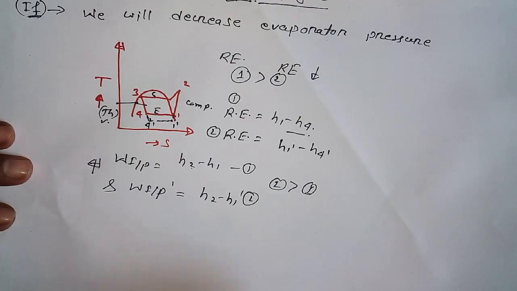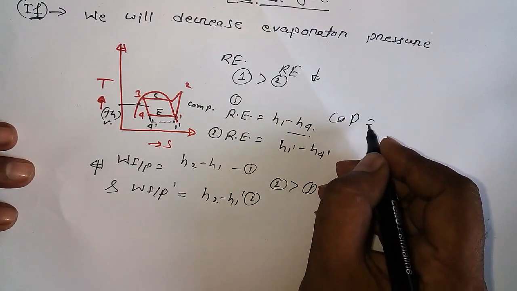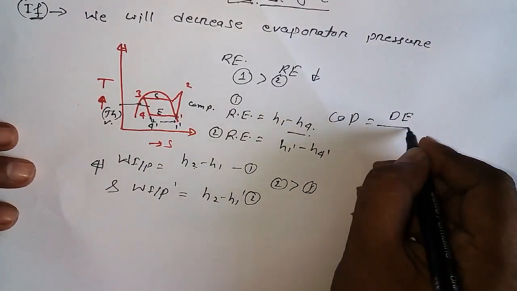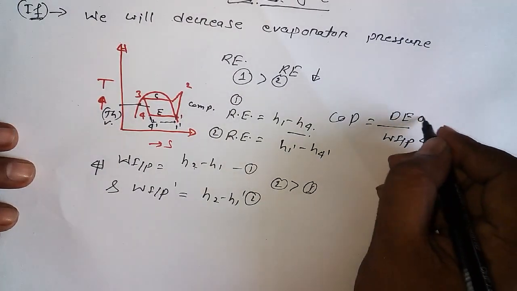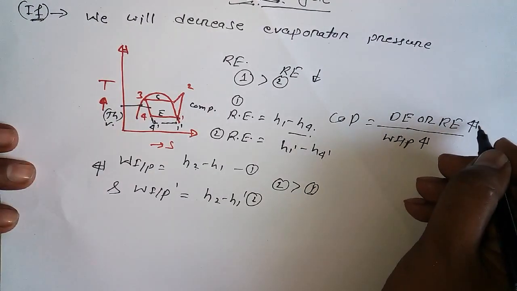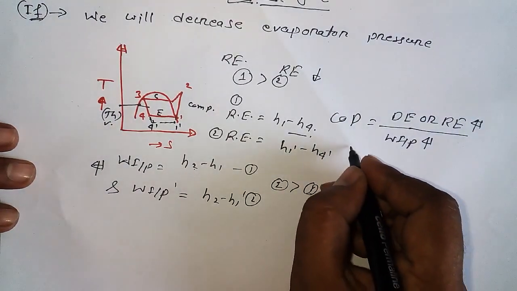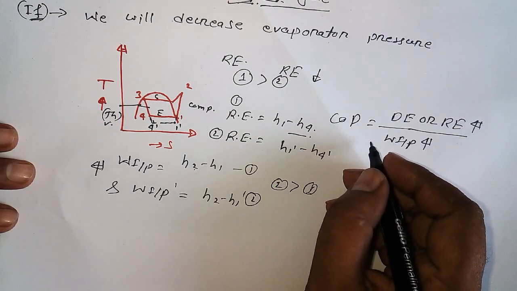Then what will happen if I think about COP? As you know, COP is the desired effect upon work input. Work input is increasing and the desired effect, the refrigerant effect, is decreasing. So what will COP be?